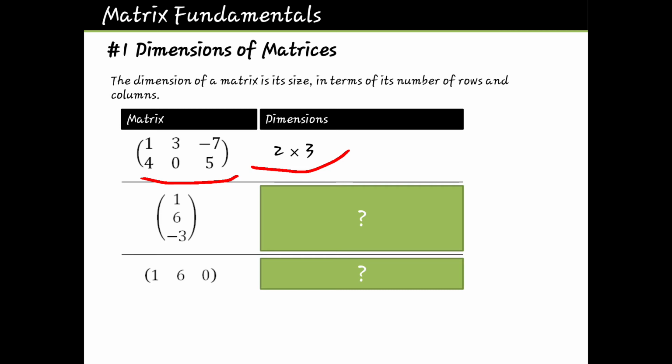How many rows? 1 and 2, so there are 2 rows. How many columns? 1, 2, 3. So 2 times 3 is the dimension of this matrix. The same thing applies here.